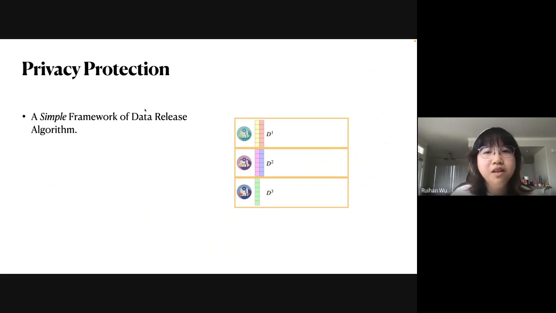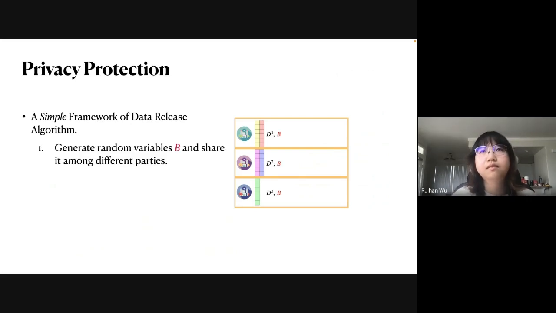Okay, so we just talked about the utility goal of the release data. Now we discuss the privacy protection as a data release algorithm. I'm going to introduce a simple framework of the data release algorithm. So initially, each party has their own data matrix, D1, D2, and D3.